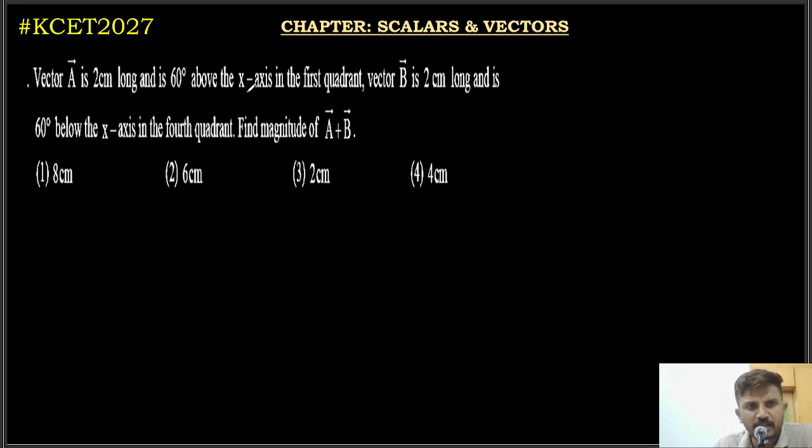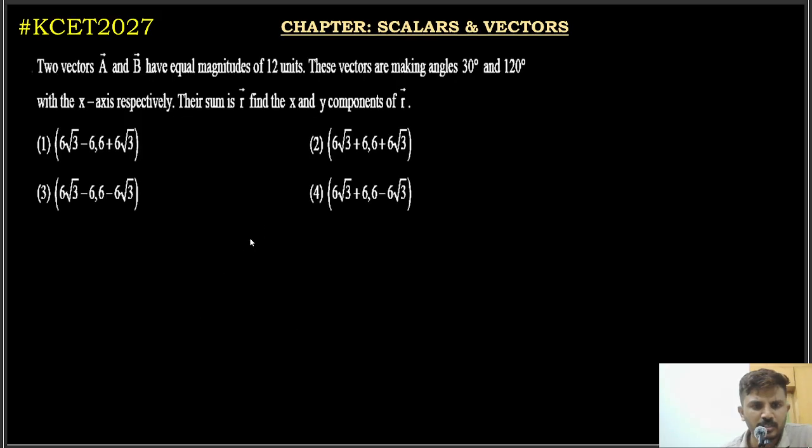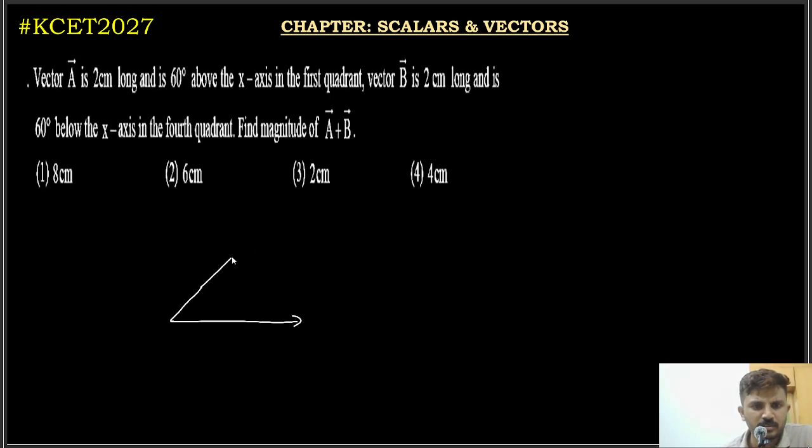A vector A is 2 meter long and is at 60 degrees with the x-axis. Let us take this as the x-axis. It is making an angle of almost 60 degrees with the x-axis.